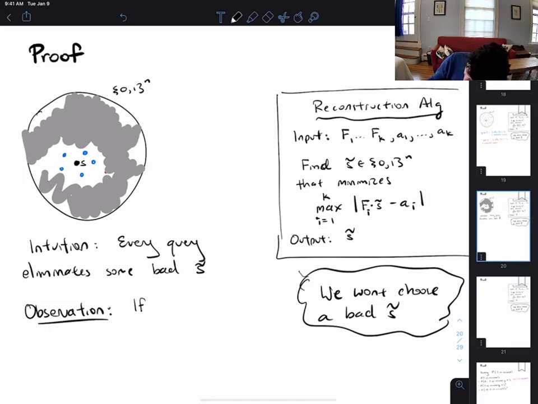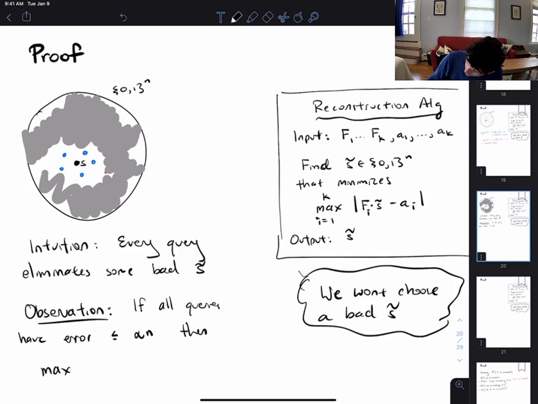The observation is that if all queries have error at most alpha n, then the max error, by definition, for the true secrets S is at most alpha n.